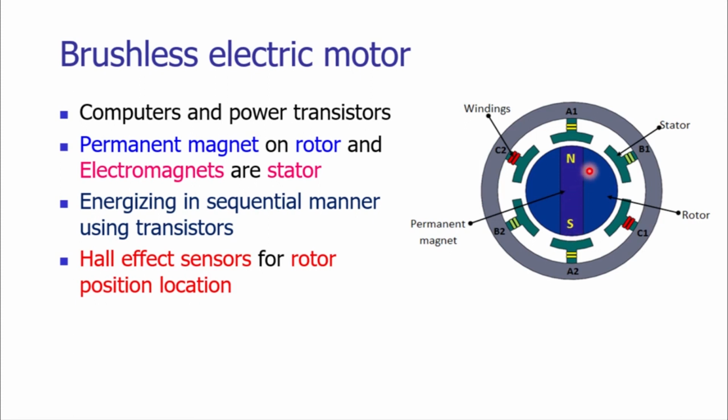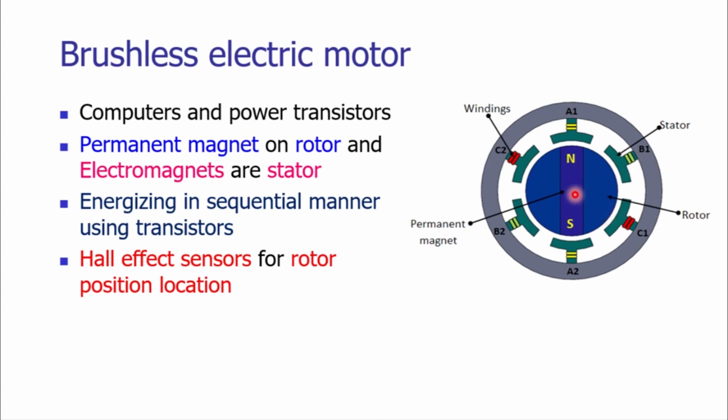Then B1 will be energized and the current which is passing through A1 will be removed. As B1 is getting energized, there is a generation of a south pole at B1, and the north pole will get attracted to B1. As it is getting attracted, it will try to align itself along B1, B2. There is a rotation of the shaft. There is a rotary motion that will occur.